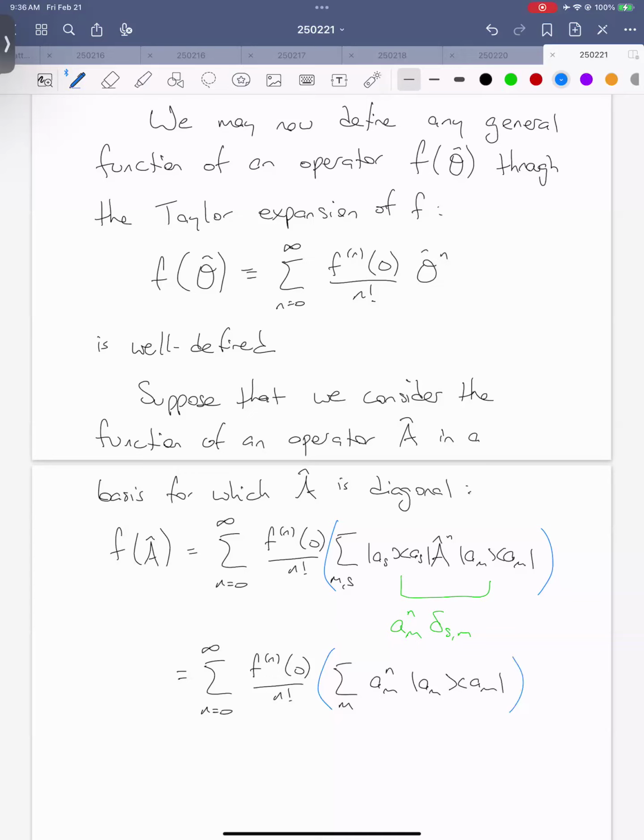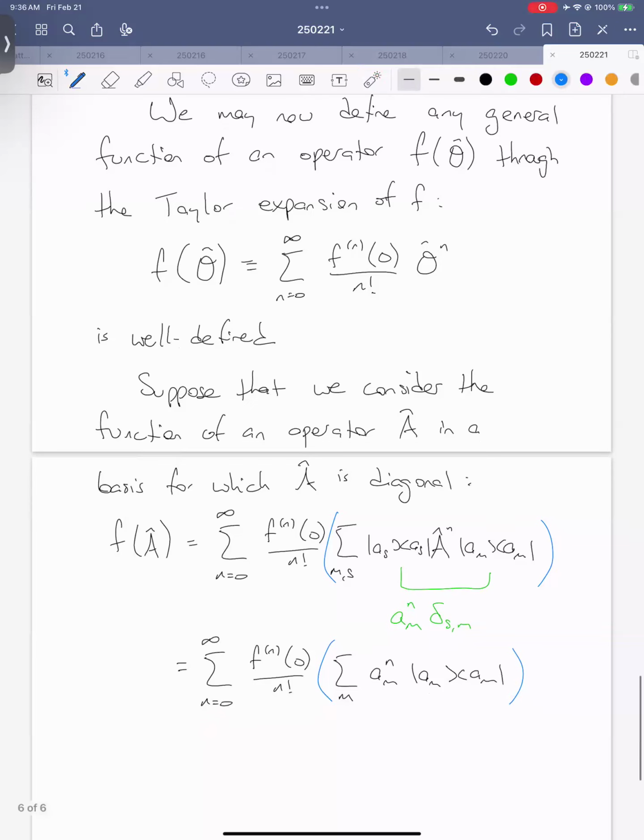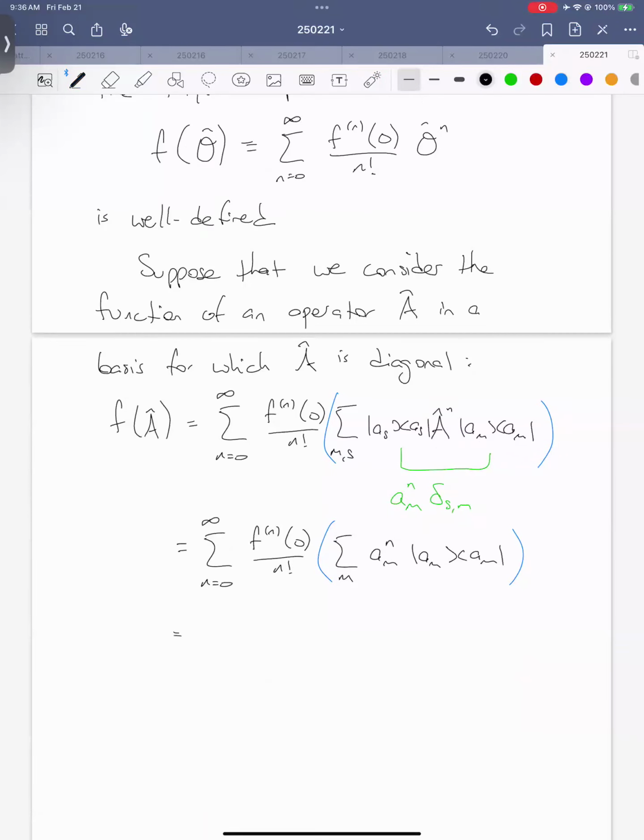But here's where we can do something clever, which is now we can reverse the order of these summations. And so this will be equal to the sum over m of the outer product of m with itself, times the sum over n equals 0 to infinity of f^(n)(0) over n factorial, a sub n, m to the nth power, where I'm now grouping my sums in this way.